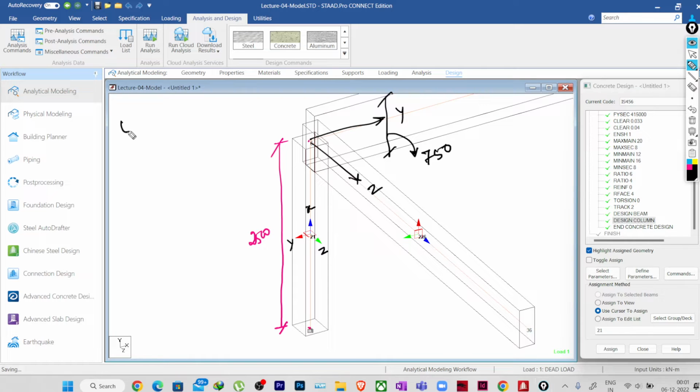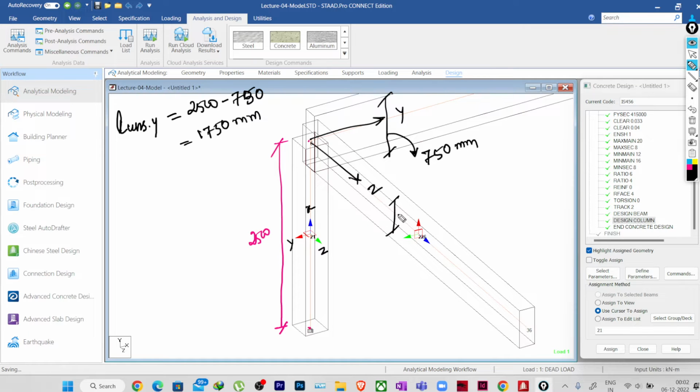So let me write this as L unsupported along y-axis. How much will it be? It will be 2500 minus 750, this is 750 mm. So we are getting 1750 mm. And unsupported length about the z-axis, how much are we getting?